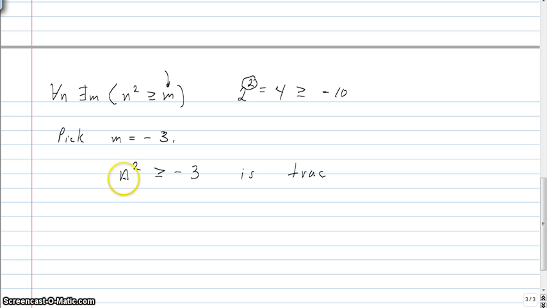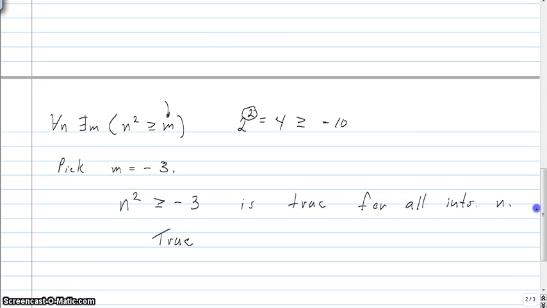Because we take an integer and square it, n squared is always positive. So this statement is true for all integers n. And so this statement is true.